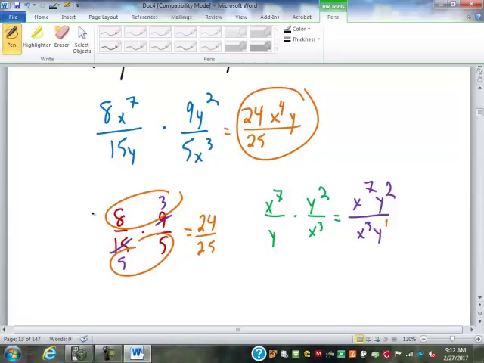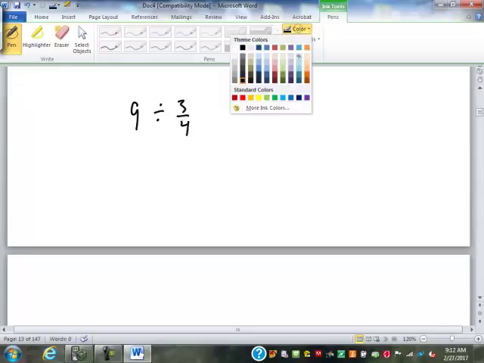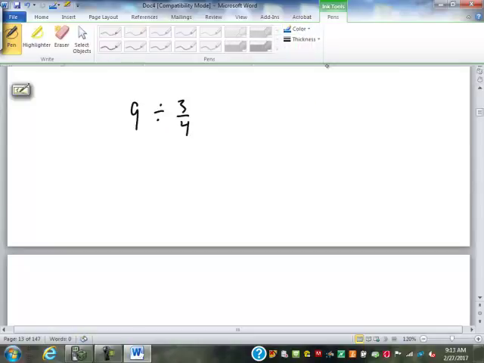So now that we've done the multiplication and division, just like before, I want to look at what happens when we have something like this. 9 divided by 3/4. Just like with multiplication, we've got to make this whole number into a fraction. We'll make it 9 over 1. Then what?